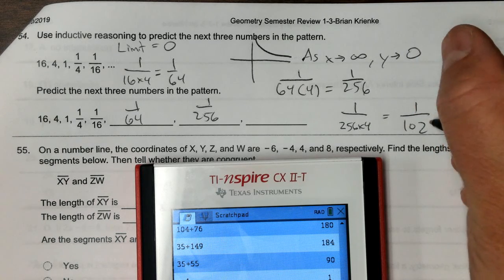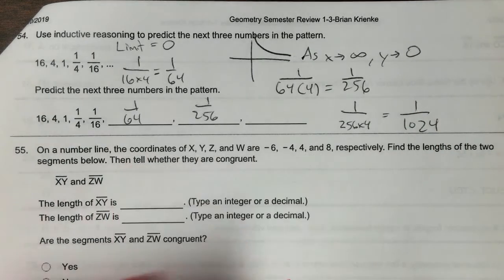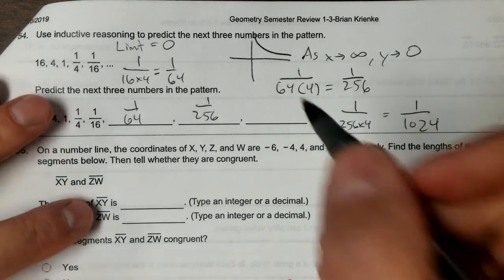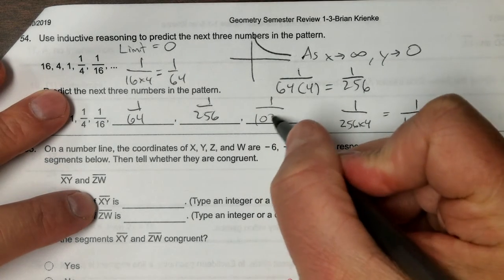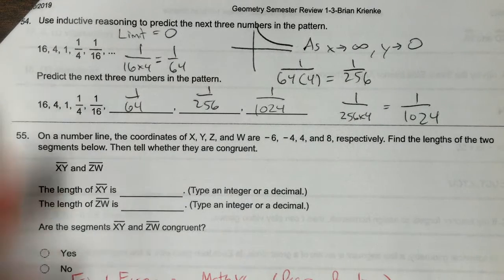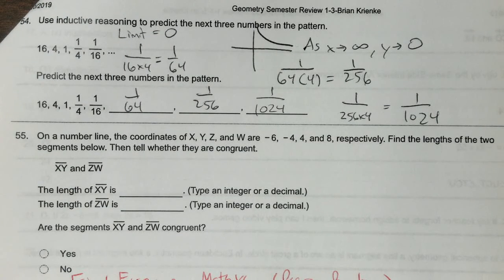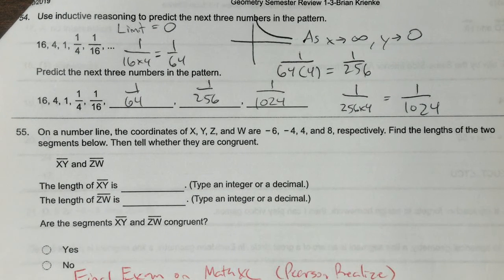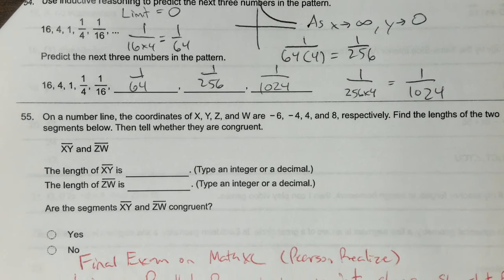So that gives you 1024, or 1/1024. Any questions about that? Pretty straightforward.